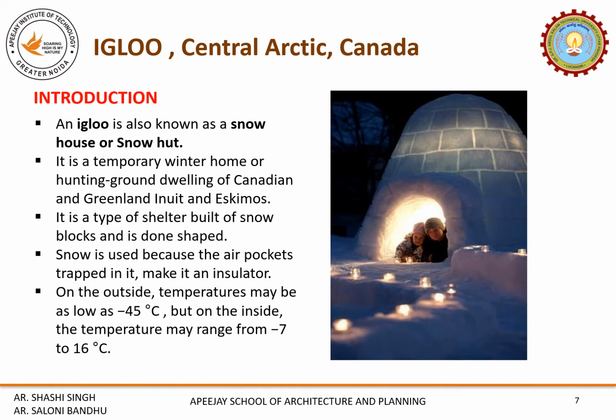Snow is used as a building material as there are air pockets trapped in it which make it an insulator. The outside temperature may be as low as -45 degrees Celsius, but the temperature inside an igloo ranges from -7 degrees to 16 degrees due to the construction techniques and the material used.